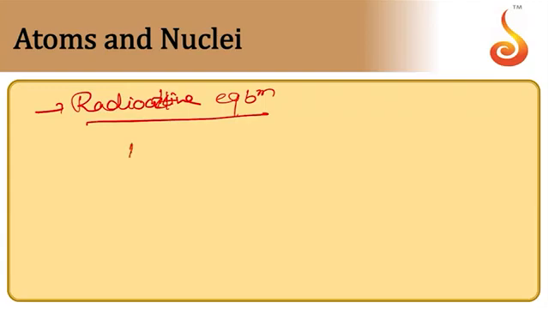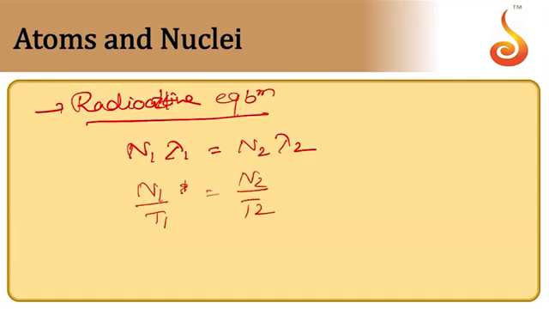That means, if I consider N1 and lambda 1, N1 lambda 1 is equal to N2 lambda 2, or N1 divided by T1 is equal to N2 divided by T2. So remember this one, in the case of radioactive equilibrium, the rate of production and the rate of decay are equal to each other. This is a simple concept but quite useful while handling numerical problems.